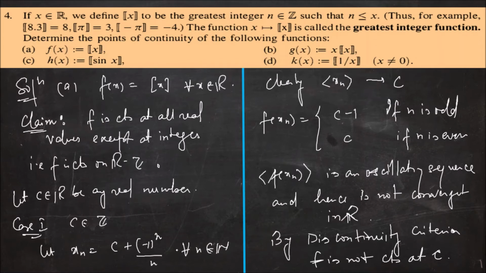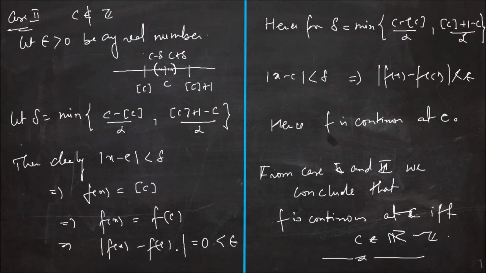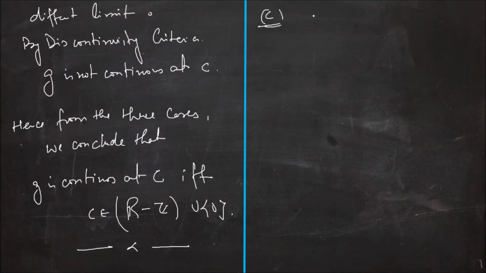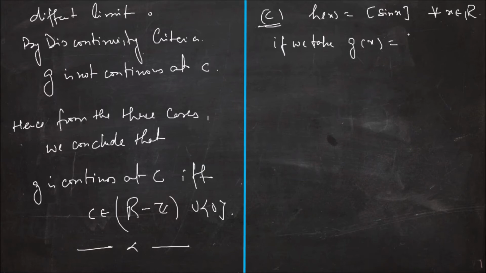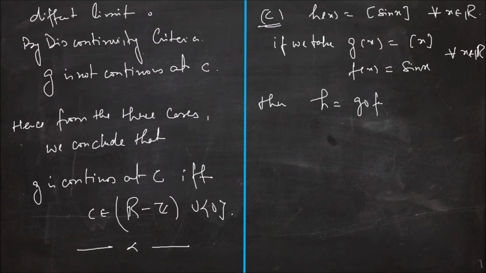In part C we are given the function hx, which is the greatest integer value of sin x, for all x belonging to R. So if we take gx equal to mod x and fx equal to sin x for all x belonging to R, then h is equal to GOF.